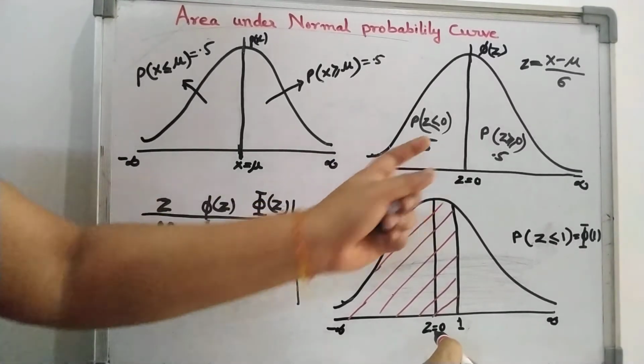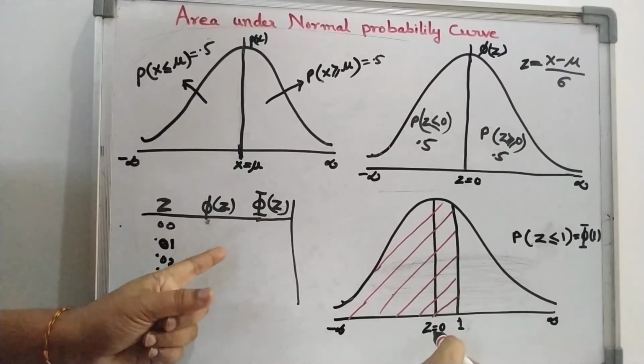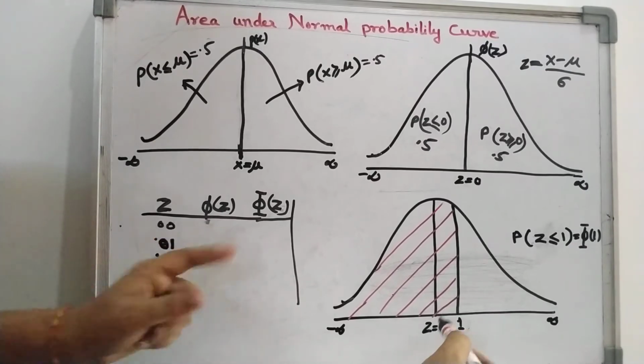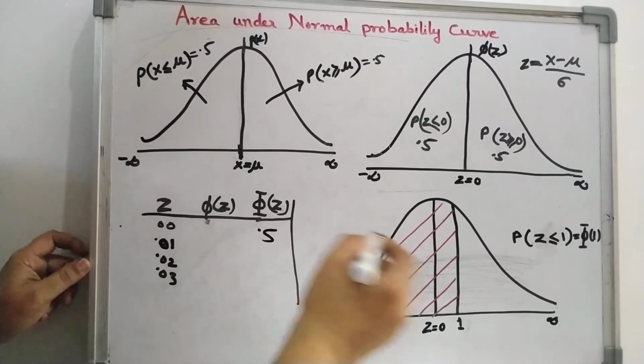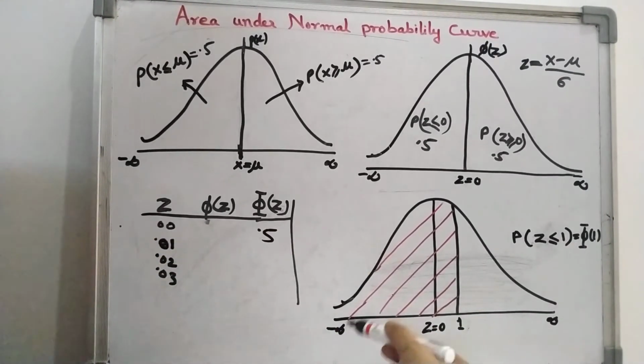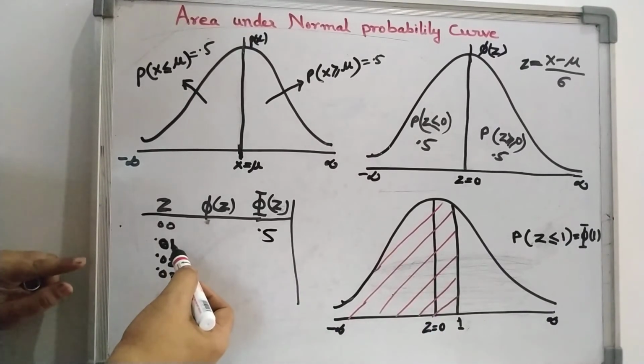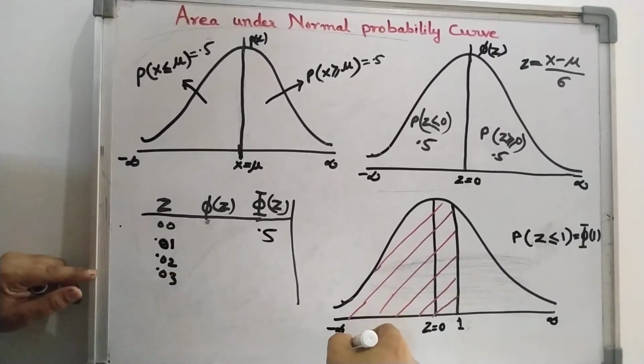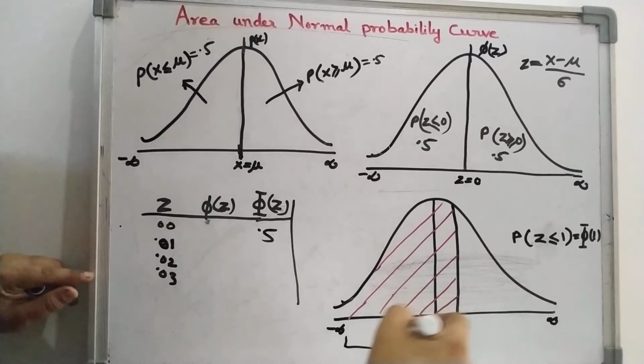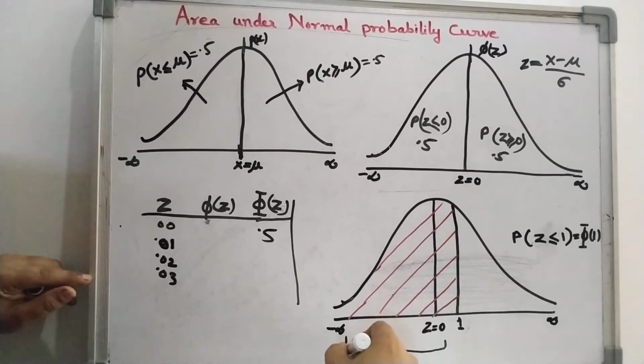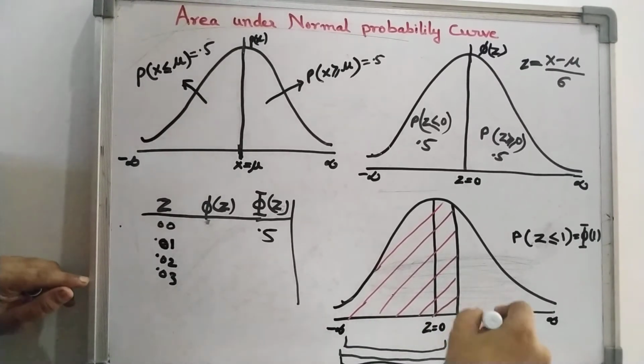We also know that it is 0.5, but it is also written in the table. Now the next value, from minus infinity to 0.01, you will get like this. So the values start from minus infinity to any positive value.